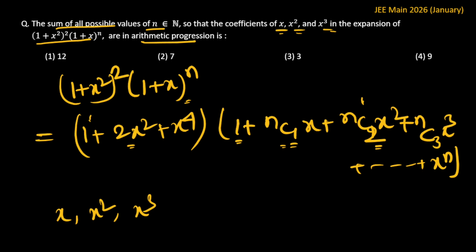Third, we find the coefficient of x³. How do we find it? We take the coefficient of nC3 x³ multiplied by 1, and also the 2x² term multiplied by the coefficient of x, nC1. These two terms give the coefficient of x³.